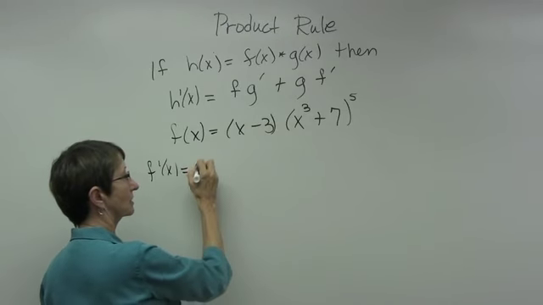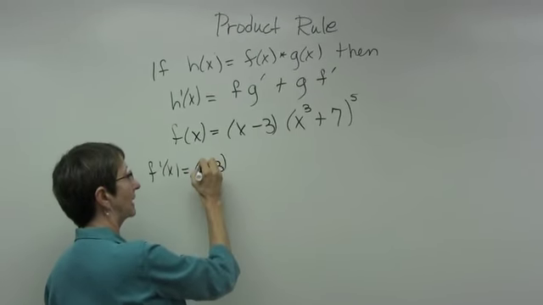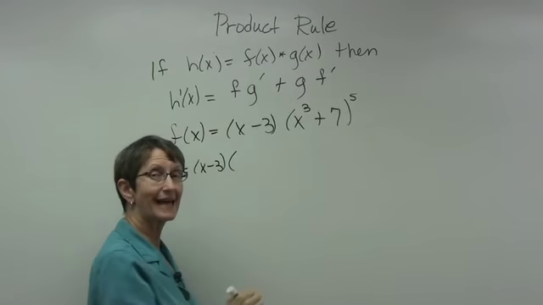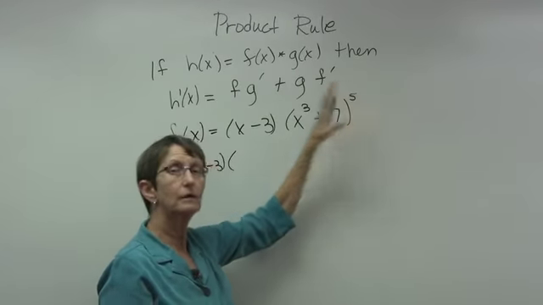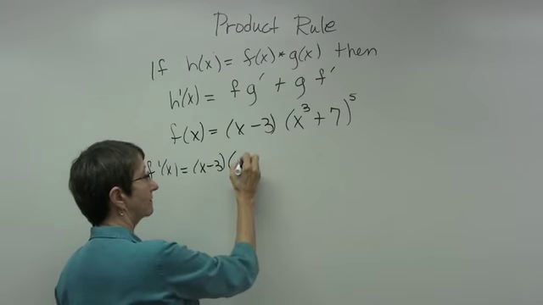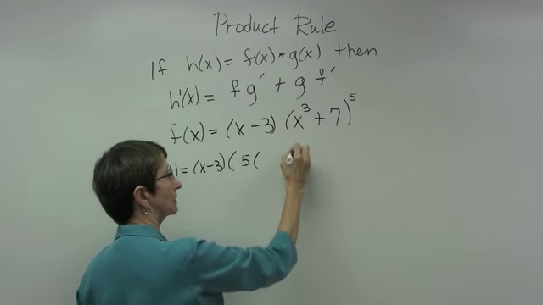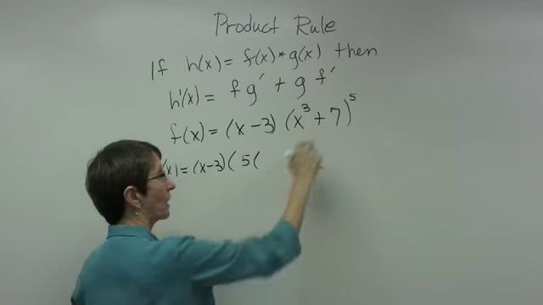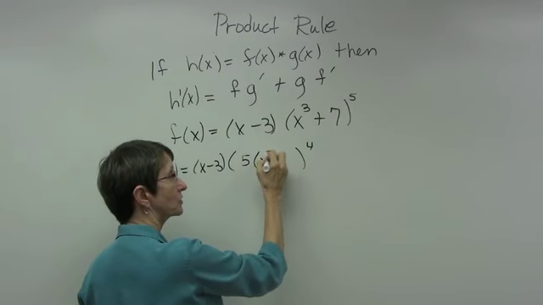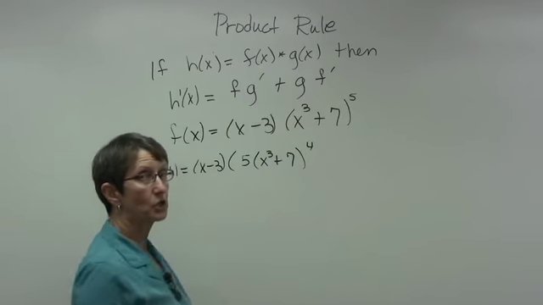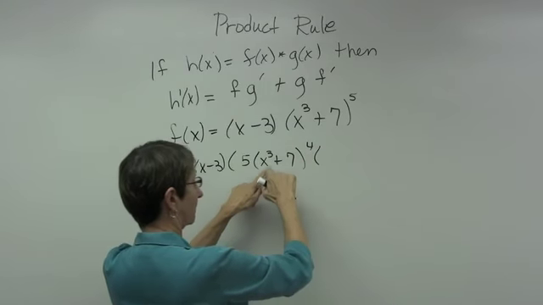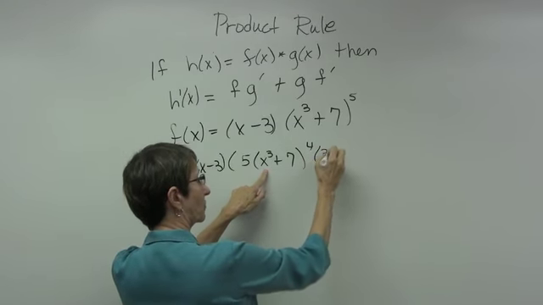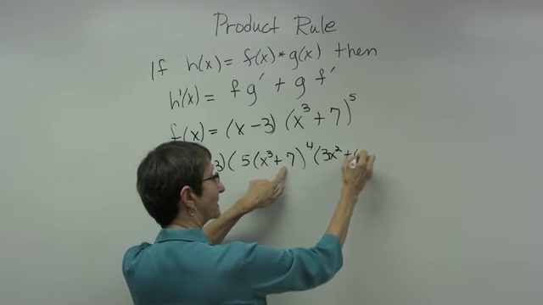I'll do first, and then I need to take the derivative of the second. An inside function raised to the 5th power. Power rule says 5 comes around front to the 4th power. What's inside does not change. And by the chain rule, we multiply by the derivative of the inside. The derivative of x cubed is 3x squared, and the derivative of 7 is 0.